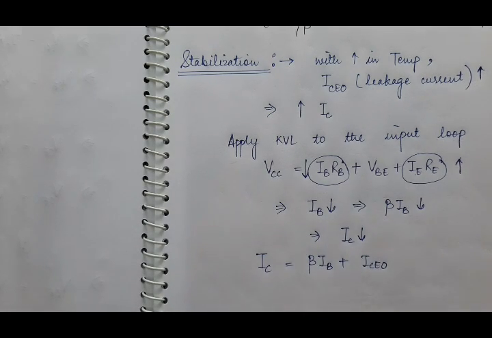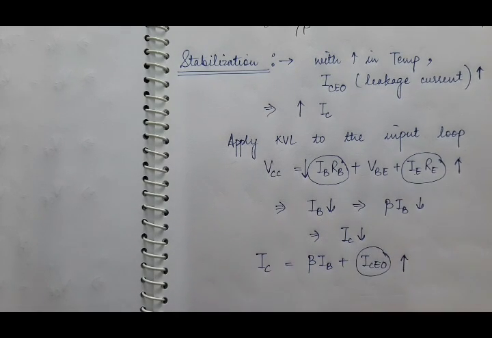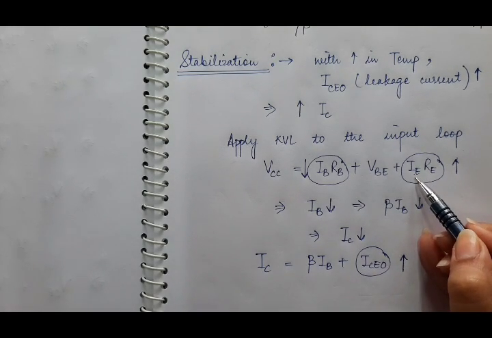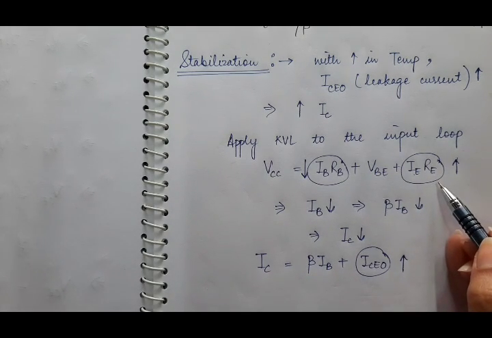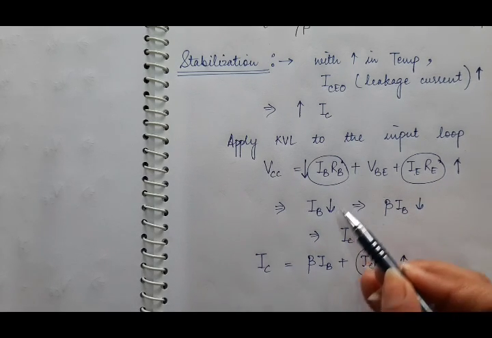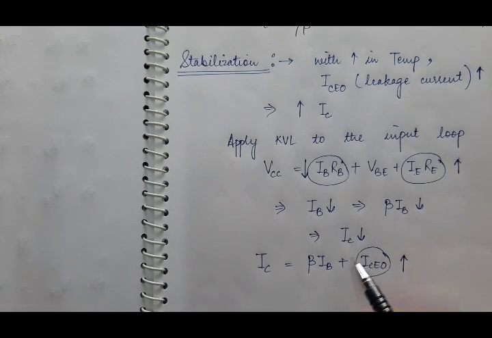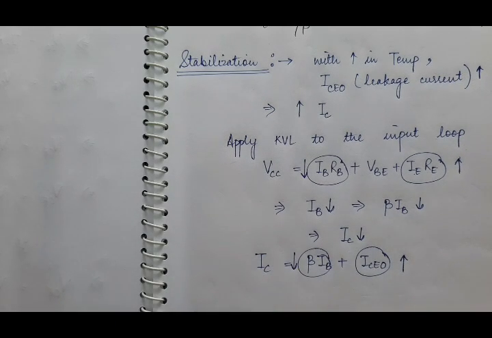So with increase in temperature, the leakage factor increases the collector current, but this increased collector current further increases the emitter current through the resistor RE, which increases the voltage drop across RE and decreases the voltage drop across RB, which decreases the base current, which decreases the collector current. So this factor will decrease because of the emitter resistor, which will compensate the increase in collector current due to temperature. In this way, the Q point in case of base bias with emitter feedback is stabilized.